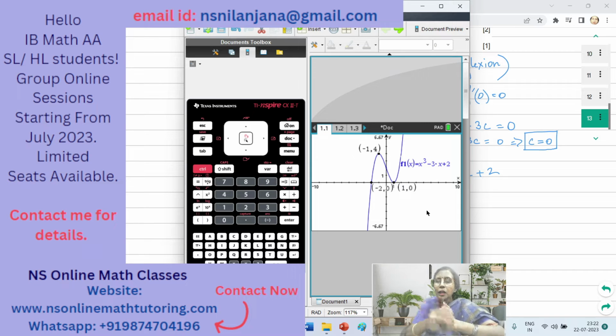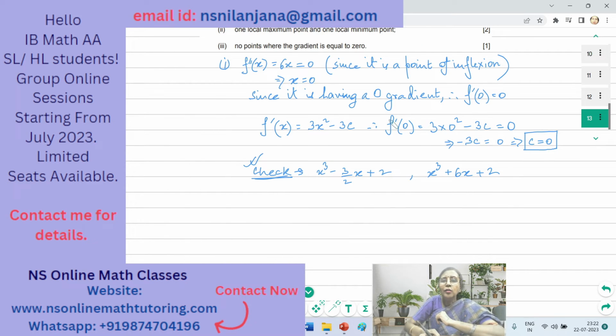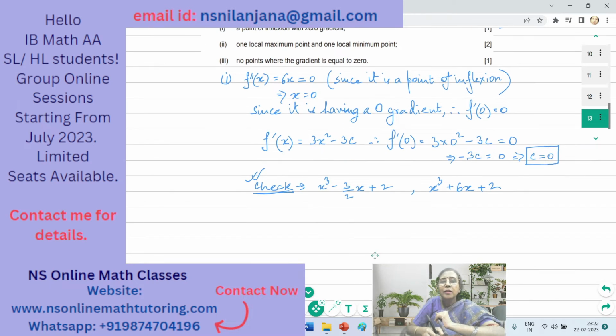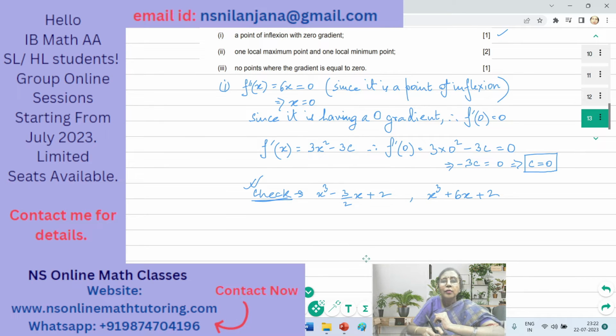Okay, fine. So now we are sure that in order to get one local maximum and one local minimum point, the c value should be greater than 0.